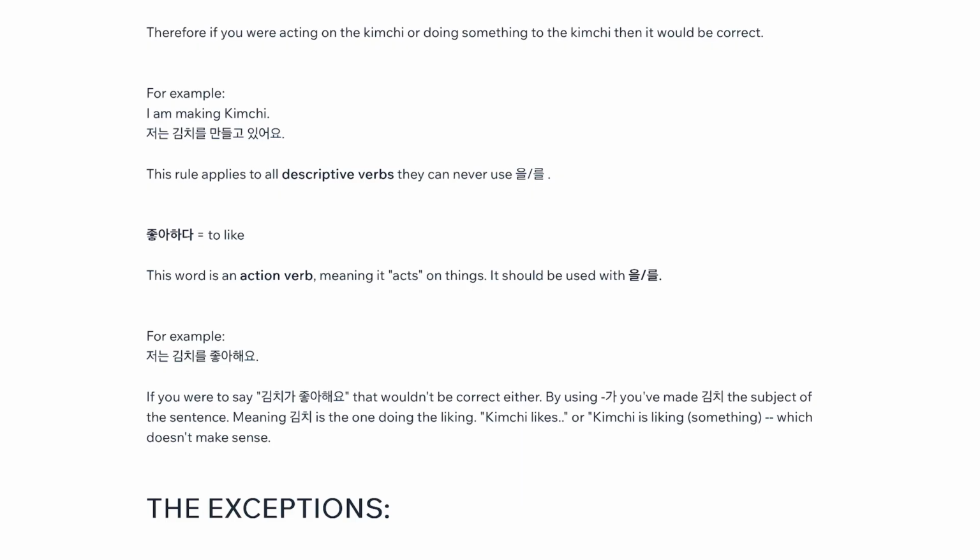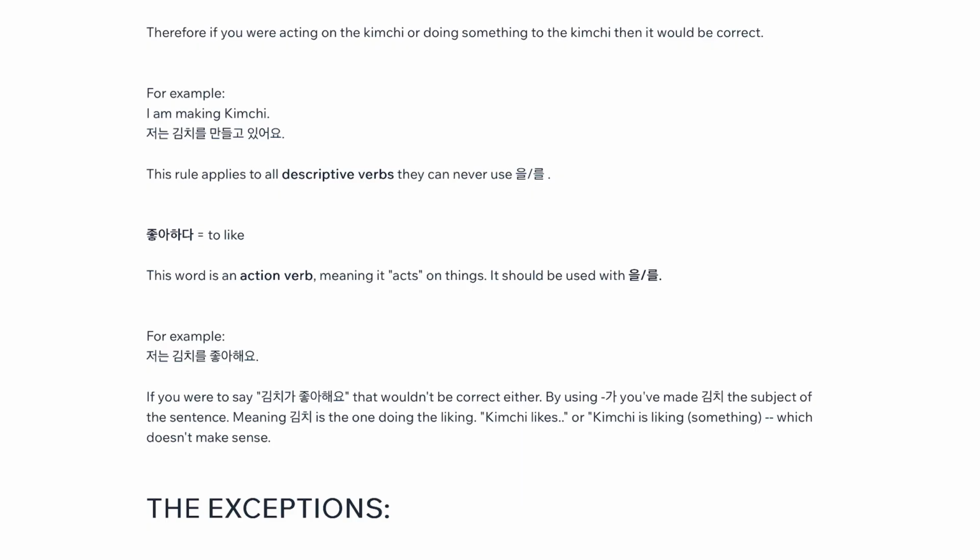Now, 좋아하다. 좋아하다 is sometimes, I feel like it's in between an adjective and an action verb, right? But liking is an action, so we are going to refer to it as an action verb to make it easier to explain the difference. So, it acts on things, right?